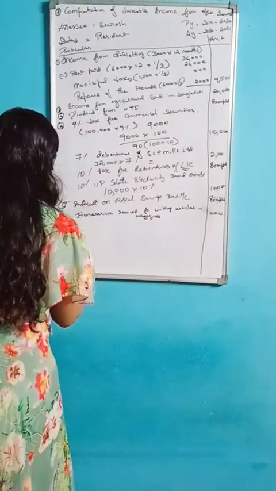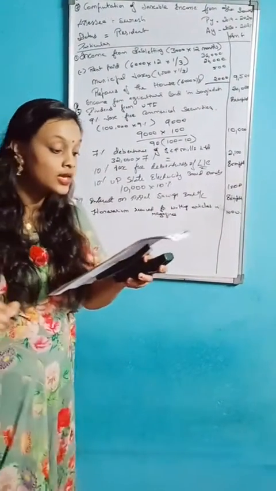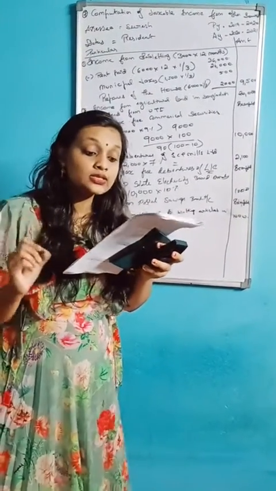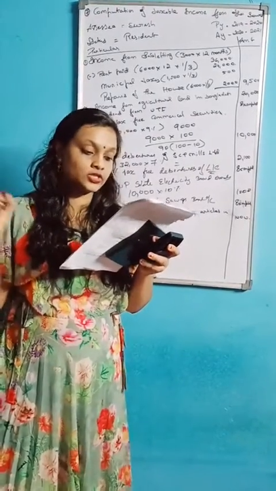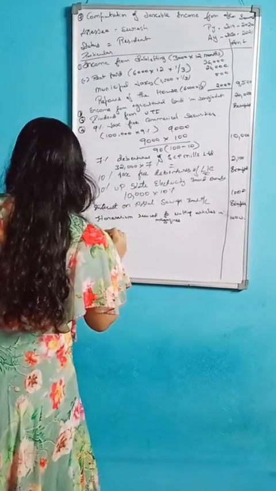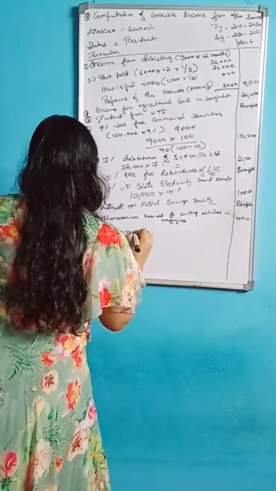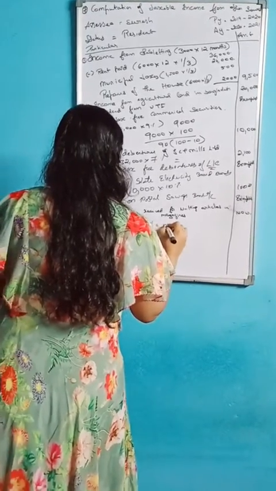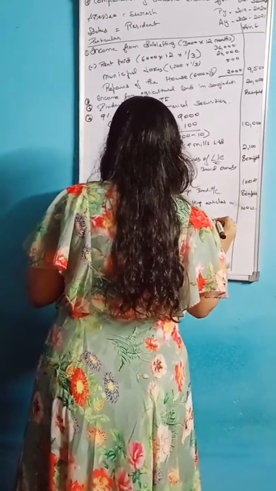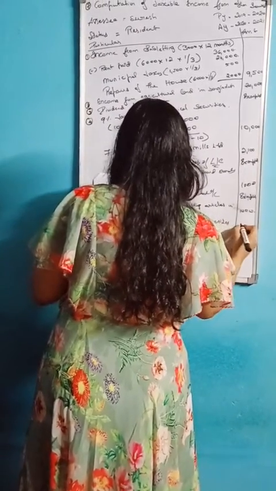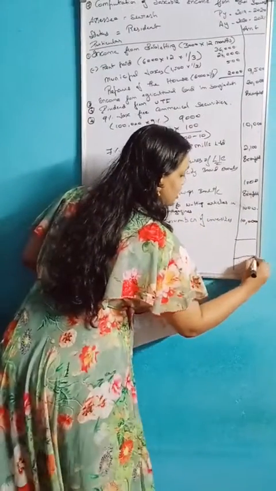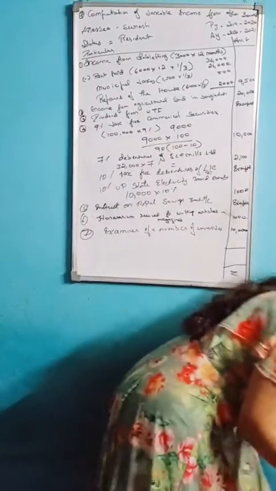Next, the last point is he is an examiner of a number of universities. He receives 10,000 as remuneration. So it's taxable. So examiner of a number of universities, that is 10,000.